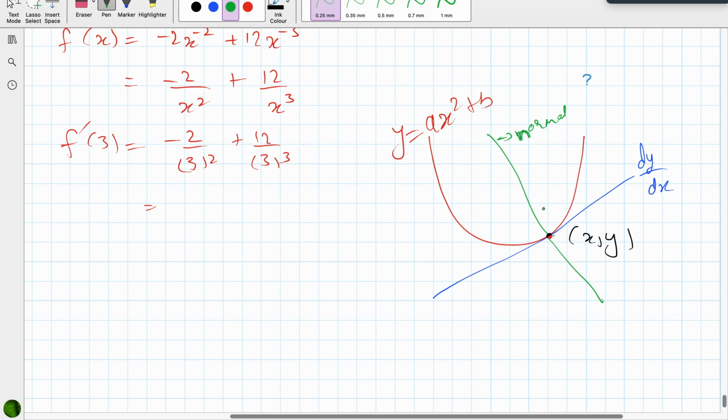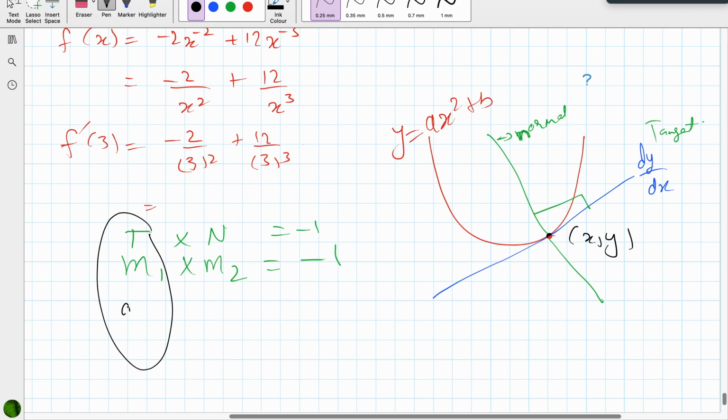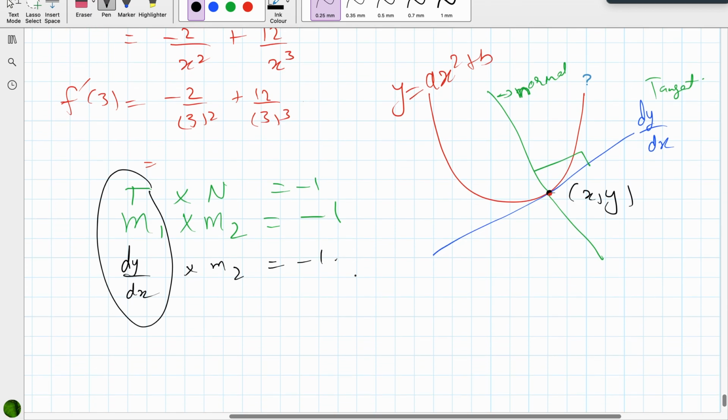What is the relationship between normal and tangent? Tangent and normal are perpendicular to each other. So m1 multiplied by m2 is equal to minus 1. This is tangent times normal is equal to minus 1. And tangent is dy by dx, times m2 is equal to minus 1.